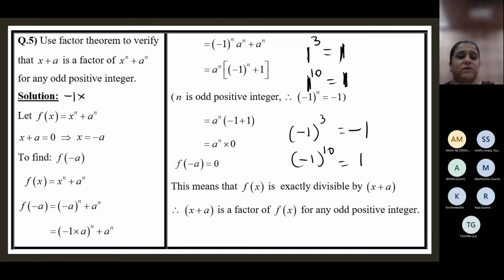Here, minus 1 into minus 1 into minus 1 into minus 1 into minus 1 into minus 1. Say 6 times. 6 times I've written. Minus into minus plus. Minus into minus plus. Minus into minus plus. So now it's all plus. So plus into plus into plus is plus. Now 1 into 1 into 1 into 1 into 1 into 1 is 1.